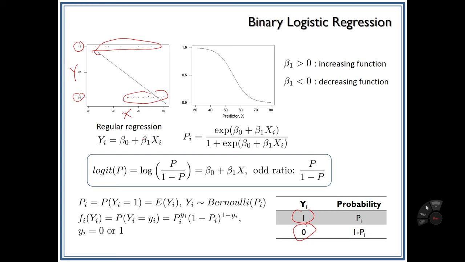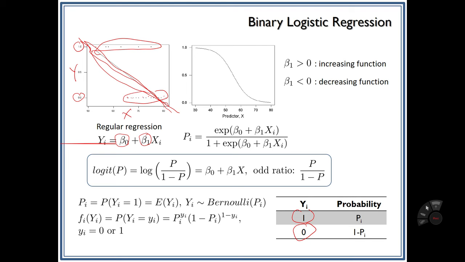And if we fit a regular regression, which is linear regression, by the least square method, then this kind of line will be found, right? Because in the least square method, we find the regression coefficients, intercept and slope, so that we minimize the difference between true value and predicted value.